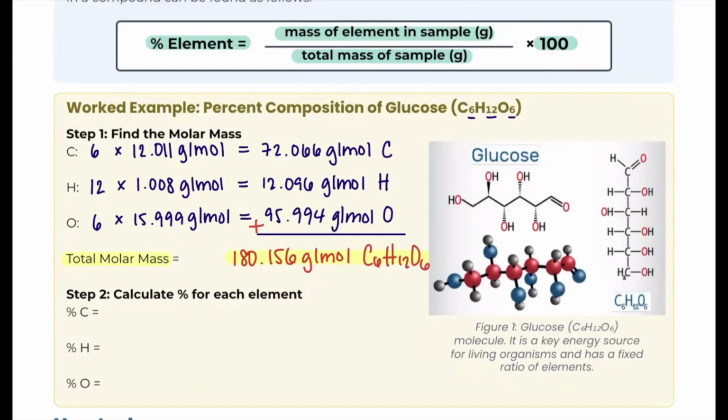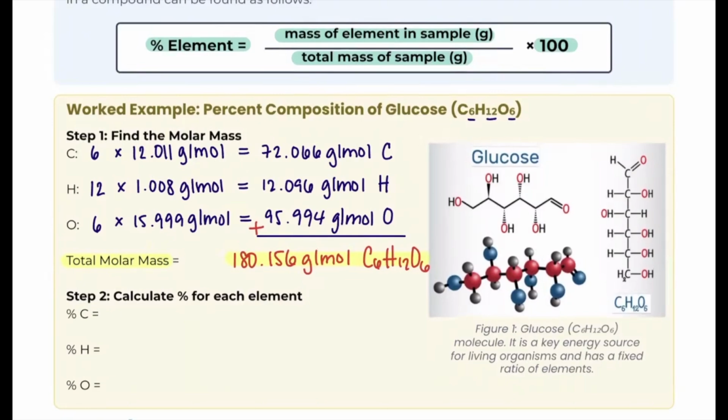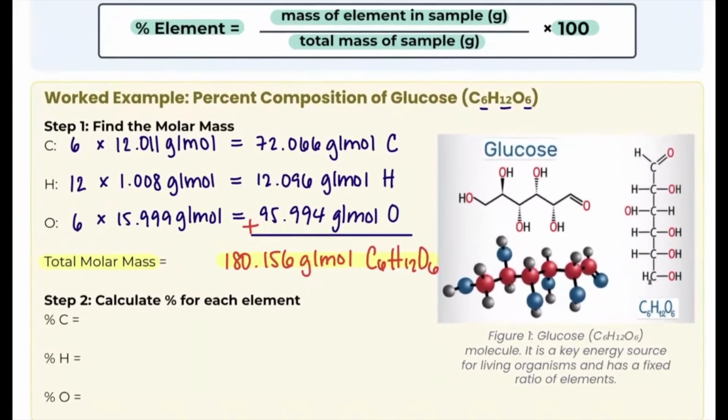Okay, so now we're going to go ahead and calculate the percent of each element in this compound. And we can do this by dividing each element's mass contribution by the total molar mass. So for carbon, for example, the total mass of carbon in this sample is 72.066, right?